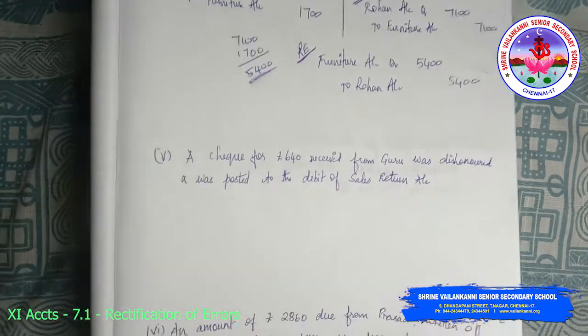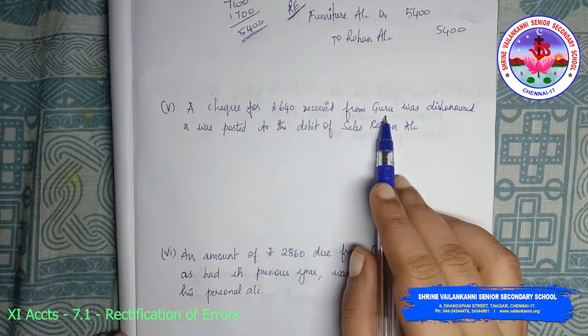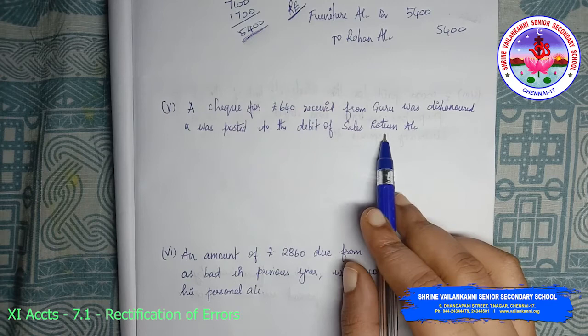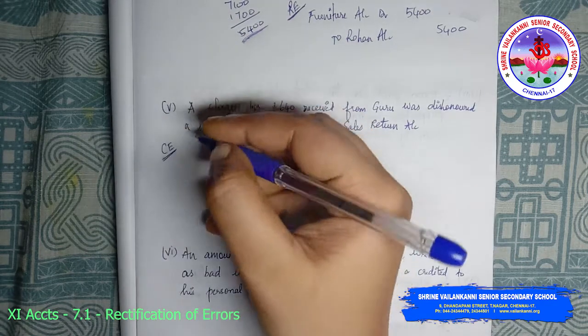The next transaction, a check for rupees 640 received from Guru was dishonored and was posted to the debit of the sales return. So that is a blunder mistake that they have done. So what is the correct entry?